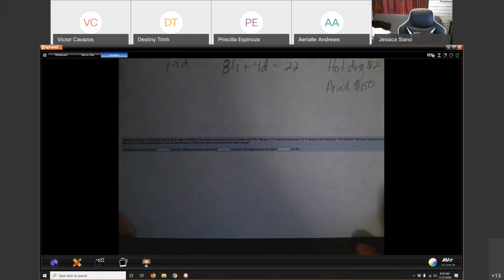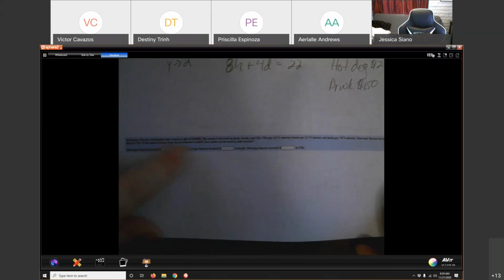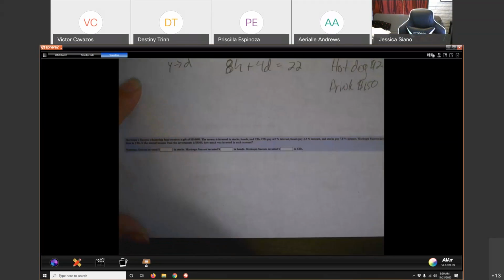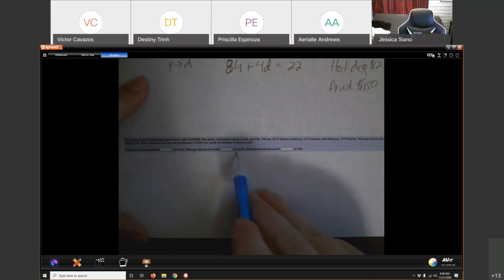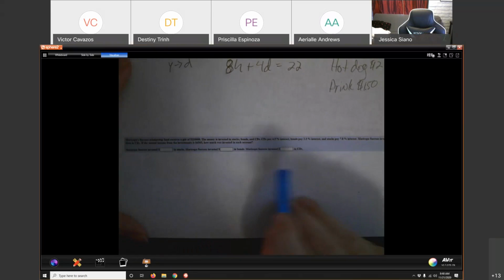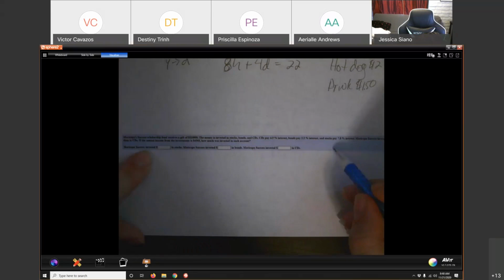Maricopa's Success Scholarship Fund received a gift of 110,000. How many zeros is that? 1, 2, 3, 4. The money is invested in stocks, bonds, and CDs. CDs pay 4.5% interest. So they have it stocks, bonds, and CDs. So I'm going to go in that order. So the stocks pay 7.8%.